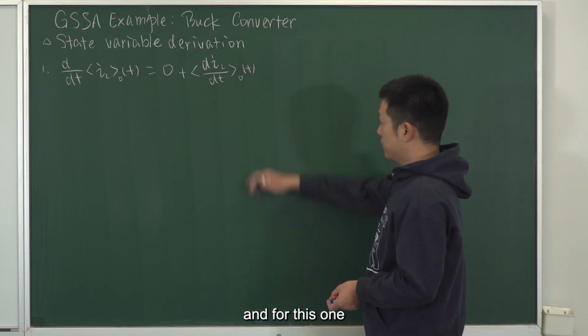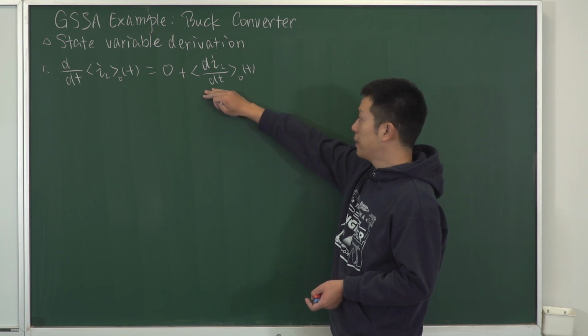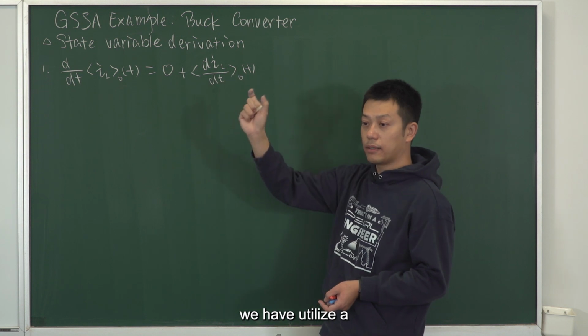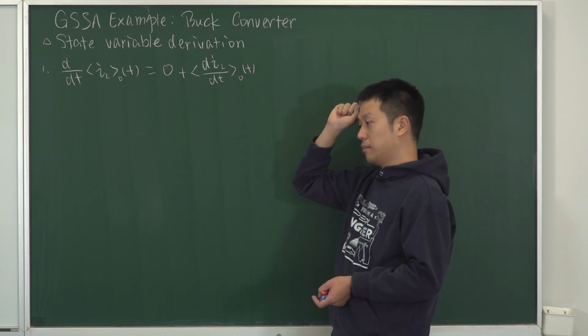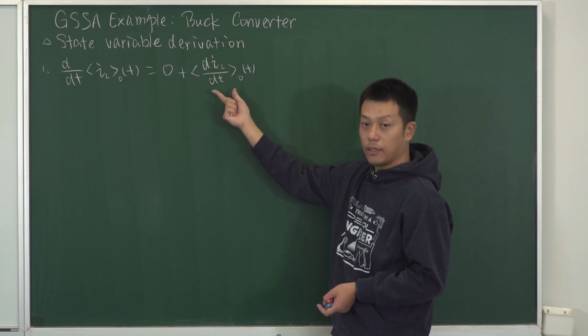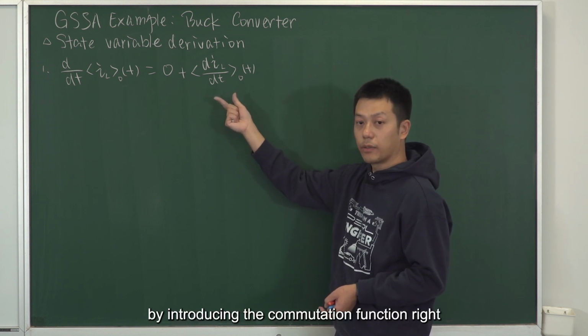And for this one, dIL over dt, we have utilized a generalized equation to describe it by introducing the commutation function, right?